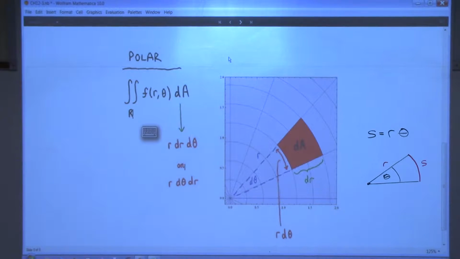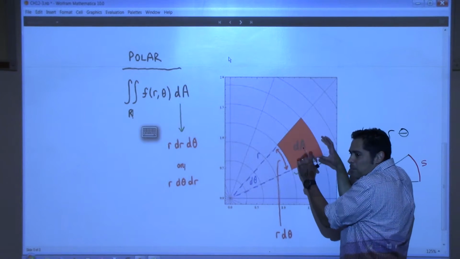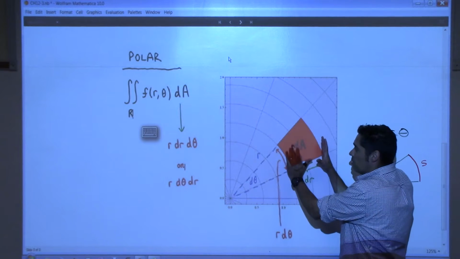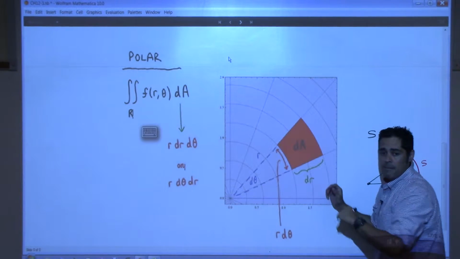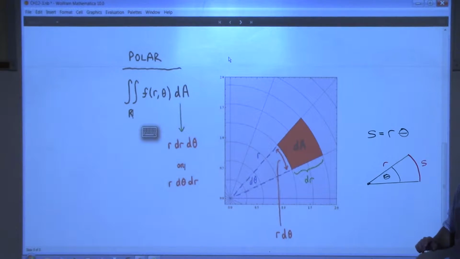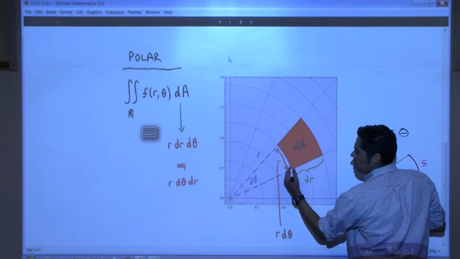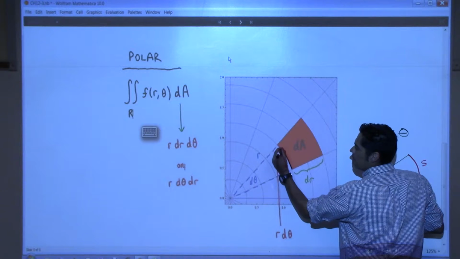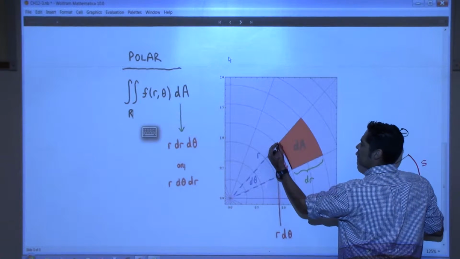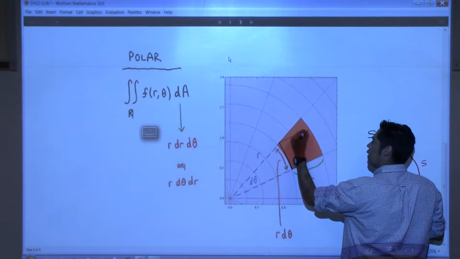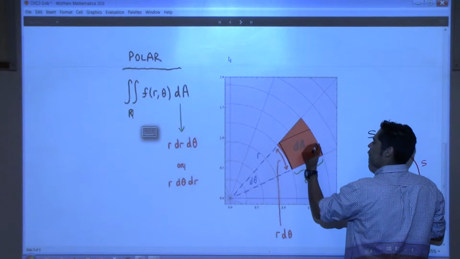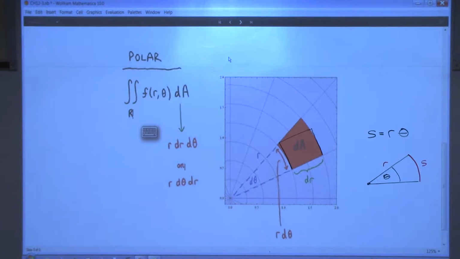Okay, so with that knowledge, if we're trying to take an infinitesimally small little polar rectangle, we need to know its area. Then do you agree that it would be approximately the area of that rectangle? Do you see that?